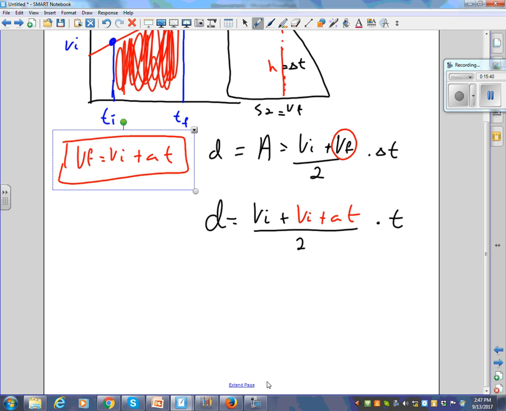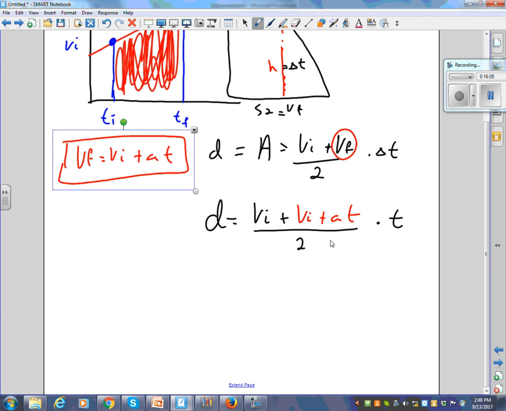Not VI squared. VI plus VI is 2VI, right? Now, how would you feel if instead of dividing by 2, I multiplied by a half? It's the same thing, right? It just makes things a little easier.